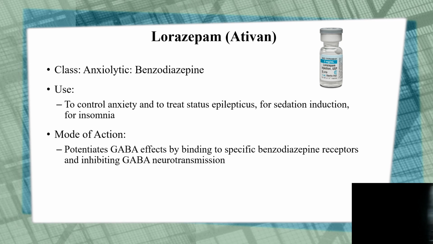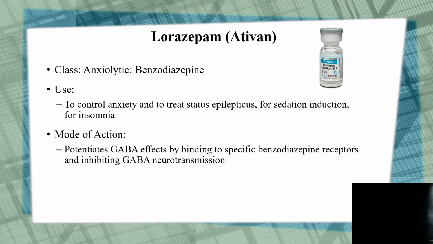One of the medications that can be used for anxiety is lorazepam, or Ativan. It is classified as an anxiolytic and it belongs to the benzodiazepine group. The use is to control anxiety and to treat status epilepticus, and it can also be used to induce sedation.